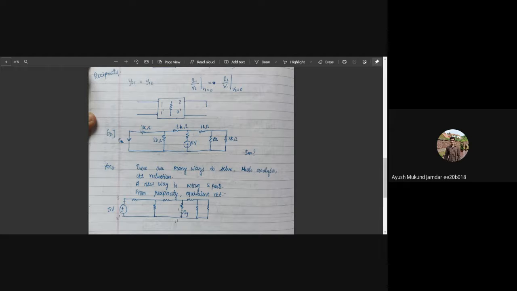So this can be applied in this circuit, since the ratios will be the same, that is Ix by 5. After using the theorem, I can replace the 5-volt source by a wire with a current Iy flowing through it, and on the second port I can have the 5-volt source.